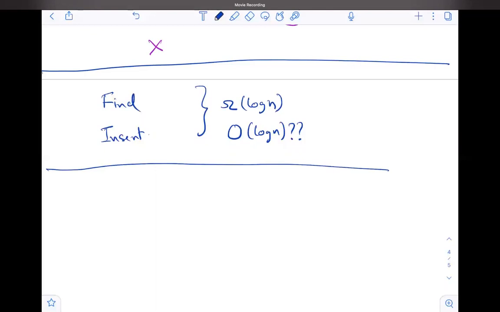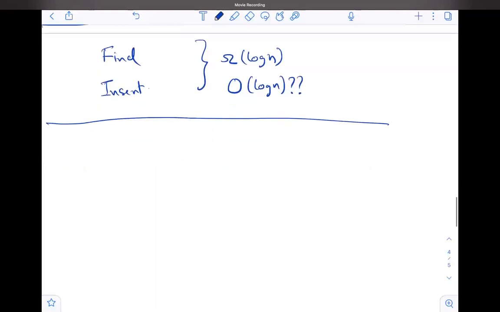Let's try to use this find and insert for sorting. So I want to sort. What does that mean? I have an input. What is the input of the algorithm? Inputs are some numbers a1 to an.